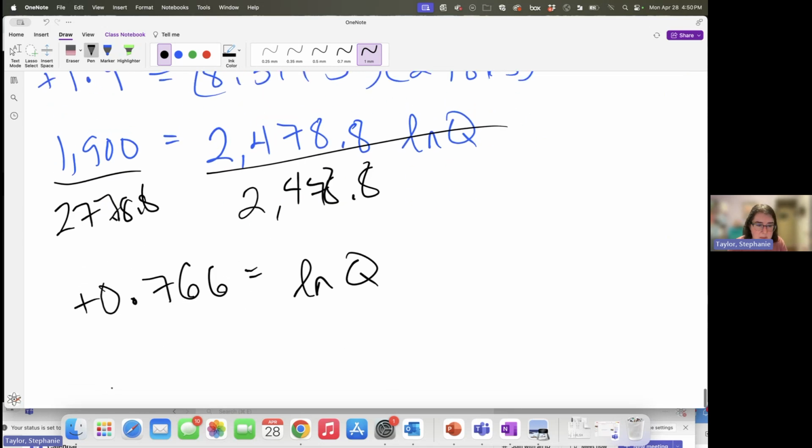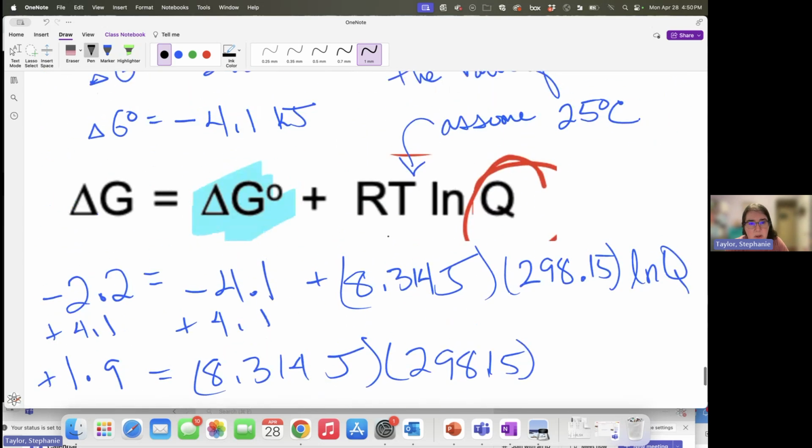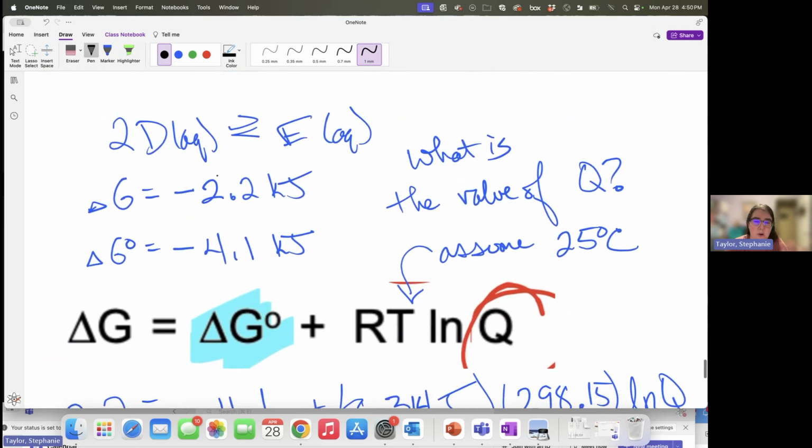This is a positive number still, so it is going to be the positive e to the 0.766 is equal to Q. There. I get Q being 2.15. And this is one where if we had more information, we could in fact keep going. So this was supposed to be for this particular reaction.